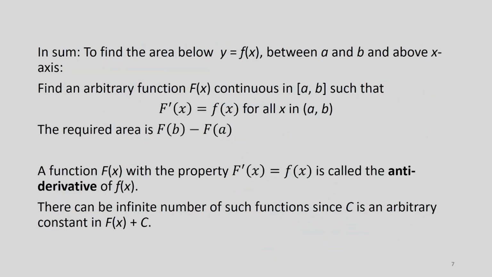What it means is the following. To find the area below y is equal to f(x) between a and b, and above x axis, find an arbitrary function F(x) which is continuous in a to b, right, and such that this relationship is maintained, that F dash of x is equal to f of x for all x in a to b.